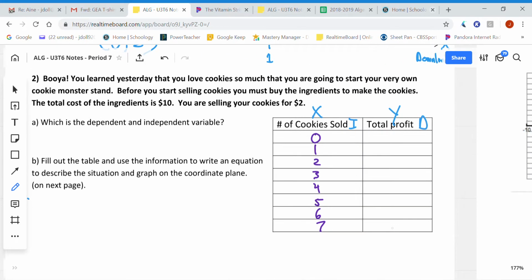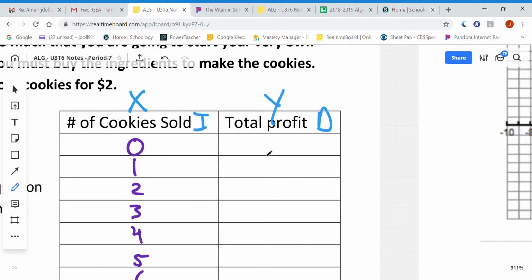Here's the catch though. We had to spend money to start our cookie business. You can't make cookies out of nothing, so we had to spend $10 to start our cookie business. So 0 cookies. What is my profit? I'm actually negative.